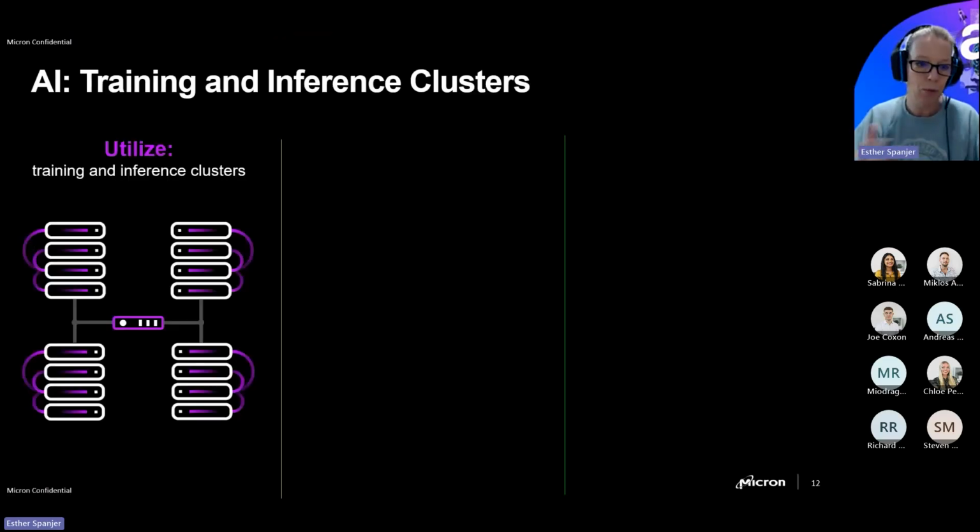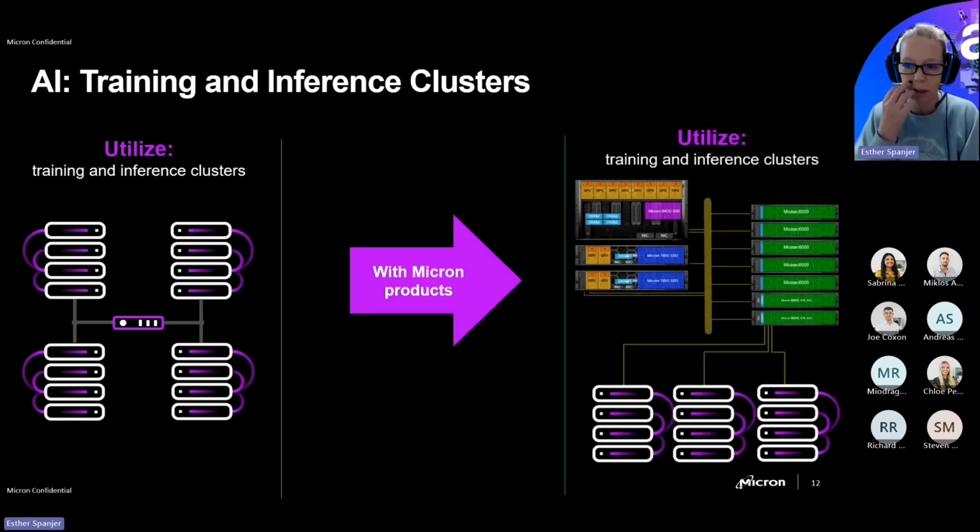So remember, we were looking only at the training and inference clusters that we are running in our data center. When we're looking at the different options for training and inference clusters utilizing Micron products, there are basically different flavors of SSDs and DRAM that can be utilized.